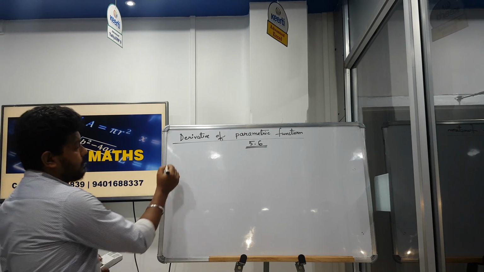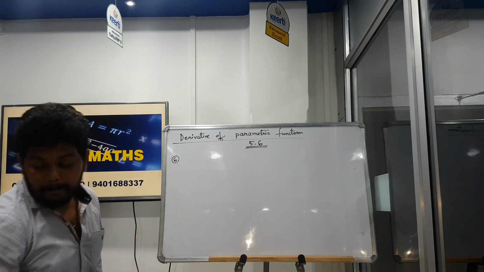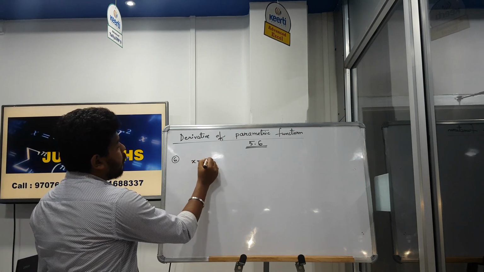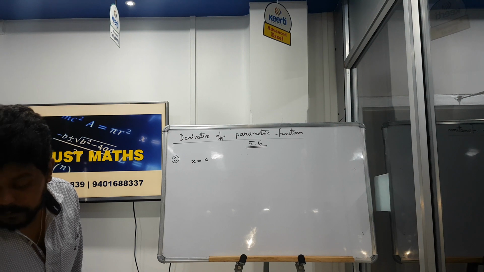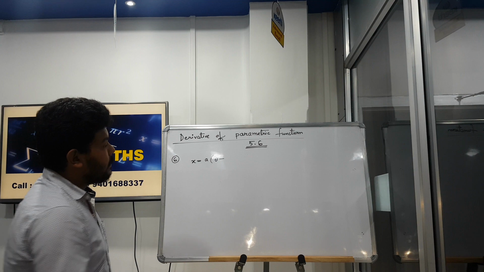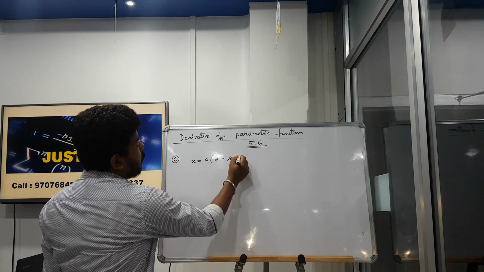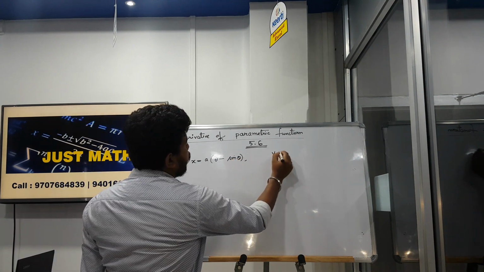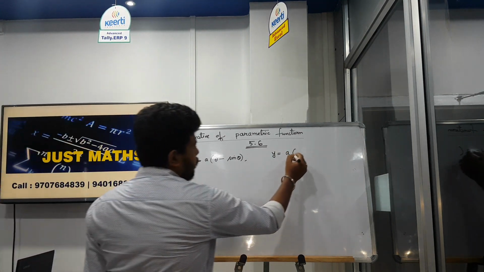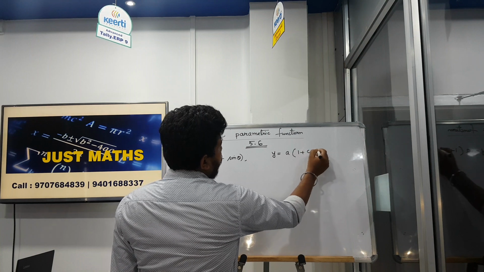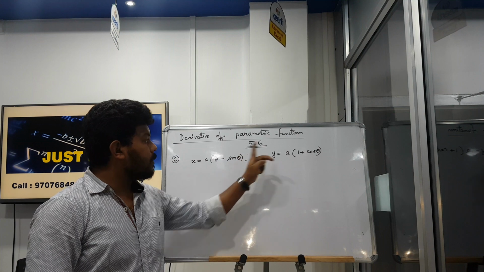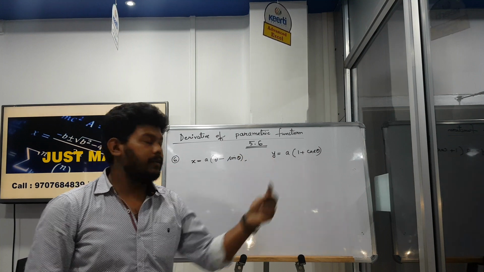Now number 6. X equal to a into theta minus sin theta, and y is equal to a into 1 plus cos theta. Now a is a constant, theta is the third variable, that means the parameter.